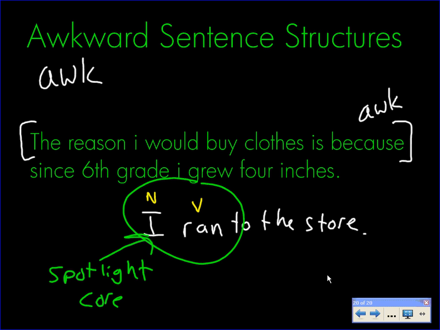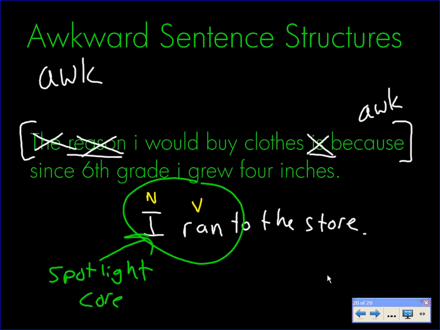That's what I want to be the main noun-verb pair, but it's not the main noun-verb pair. Grammatically, her main noun-verb pair is reason is. Now it's I would buy.